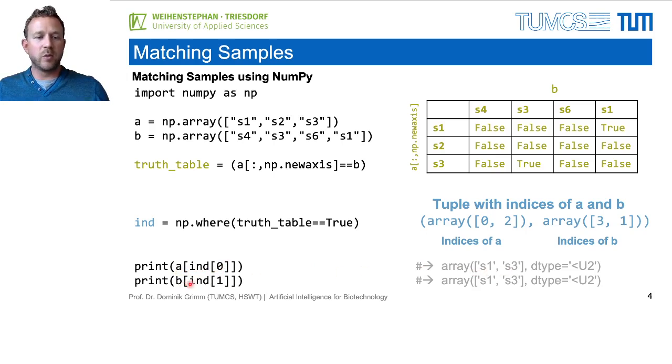The same I can do for B, but here I have to change the index to 1 to access this array, and then it already gives me the indices in the correct order. So we can see that using this truth table, or this equality operation, and the function np.where, we can find the indices and match up the samples.